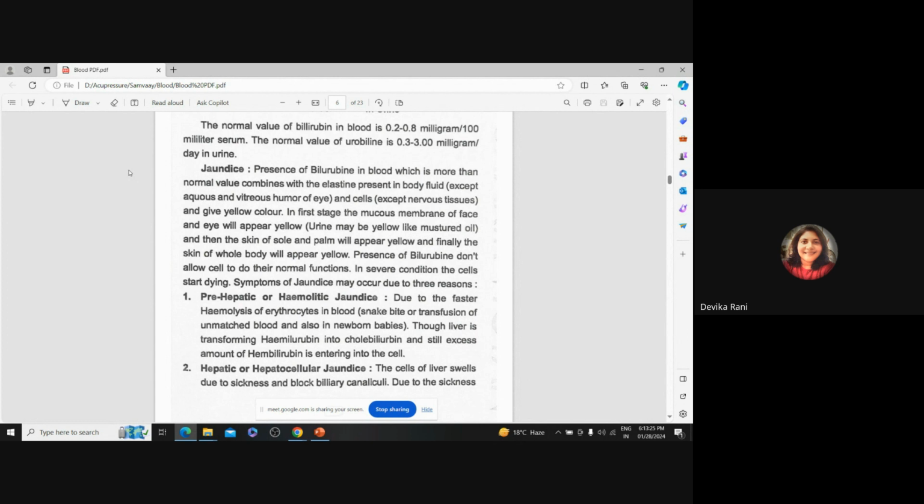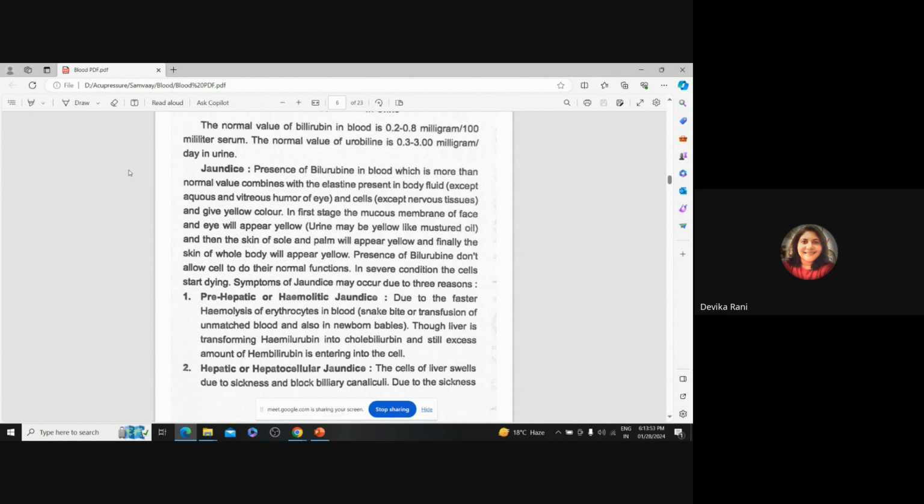Now, due to the faster hemolysis or breaking down of erythrocytes in blood, maybe due to a snake bite or transfusion of unmatched blood, and also in newborn babies, whatever the reason, this jaundice happens. So the liver is functioning properly. It is doing the process of transformation properly of this hem bilirubin into cold bilirubin.